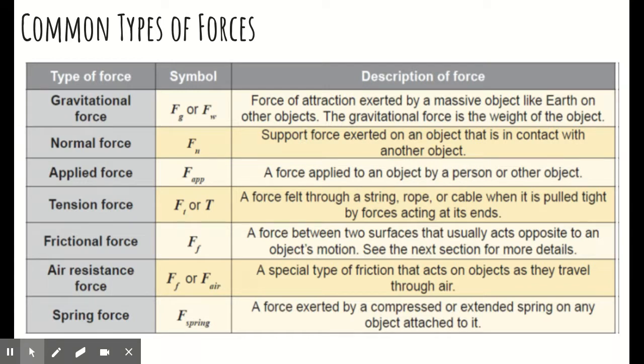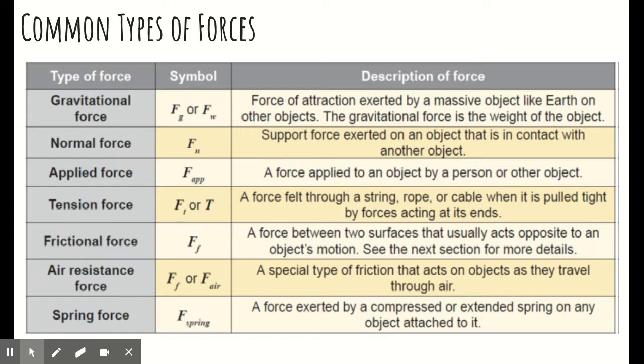And then we have frictional force, so Ff. This is usually going to be in the opposite direction of your applied force. Air resistance will sometimes be involved. It's a special type of friction that acts on objects as they're going through the air. So air resistance is also noted as Ff because it is a type of friction. And then spring force is F spring.